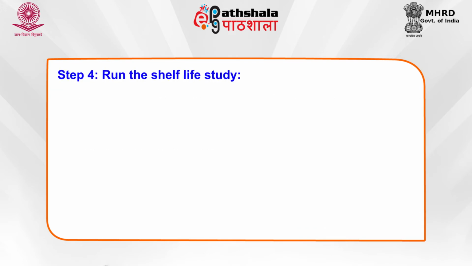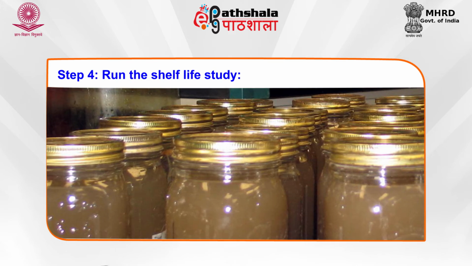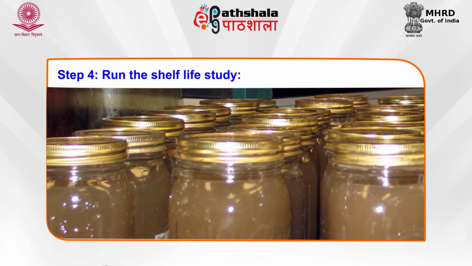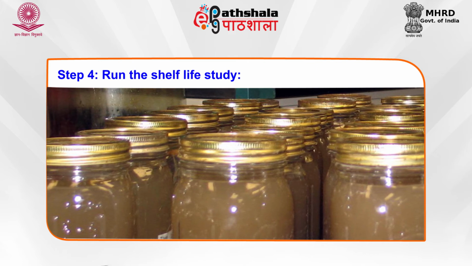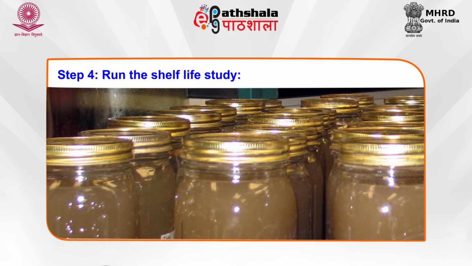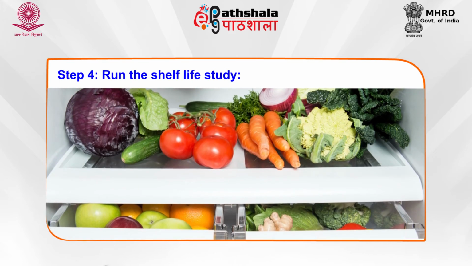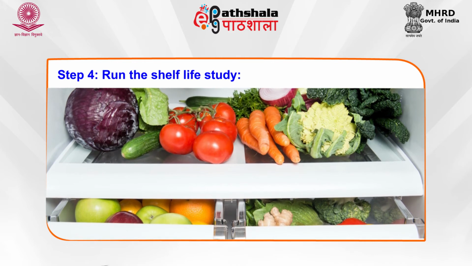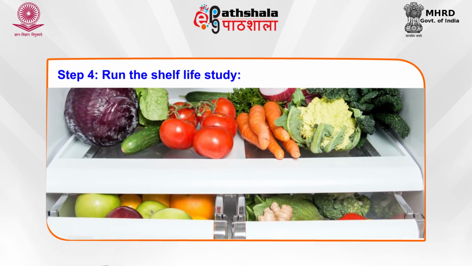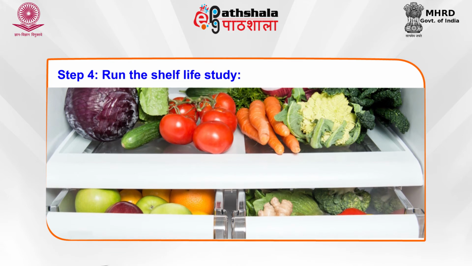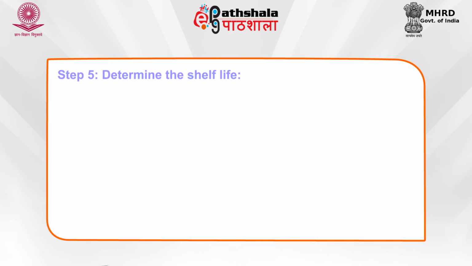Next we will go for step 4, run the shelf life study. During the study, samples should be stored under the same conditions as your normal production samples, from manufacture through to consumption. If this is not possible, the samples should be stored at a known temperature and humidity. These need to be checked and recorded regularly. In the other step, determine the shelf life.